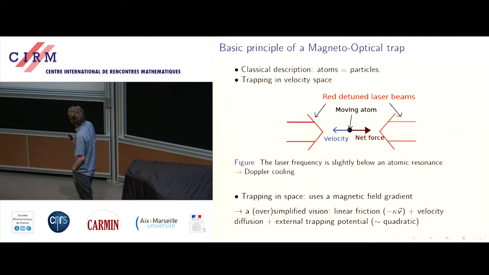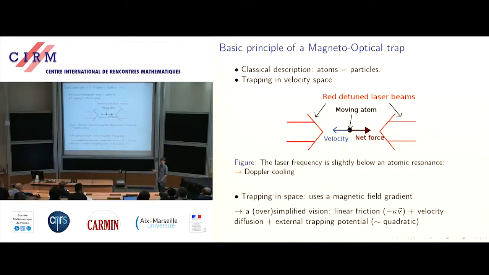Imagine the atom is traveling towards the left, and it sees photons from this laser and from this one. Since it's traveling in this direction, it sees these photons with a slightly higher frequency than these ones. Because of this slight difference in frequency, this atom will absorb more photons coming from here than from here.